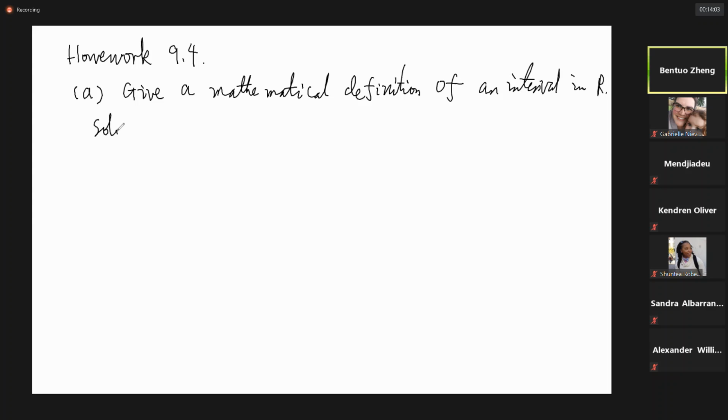So the definition should be the following. Let A be a subset of the real numbers.